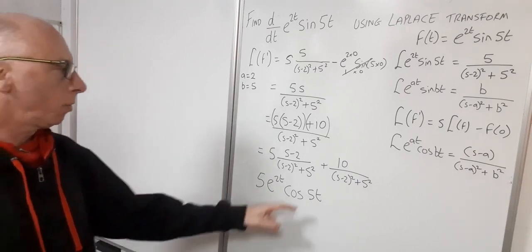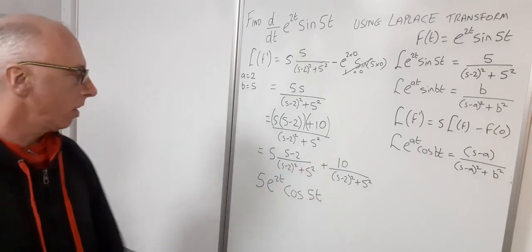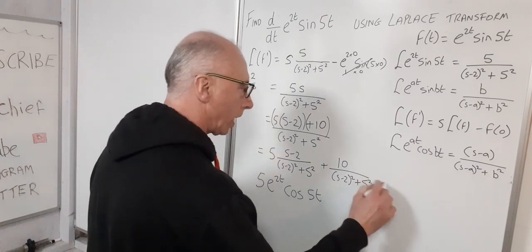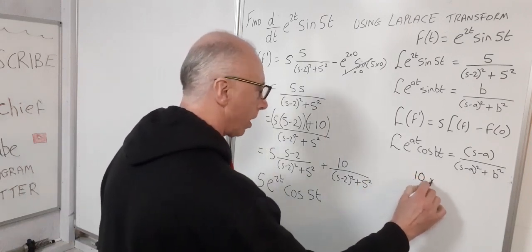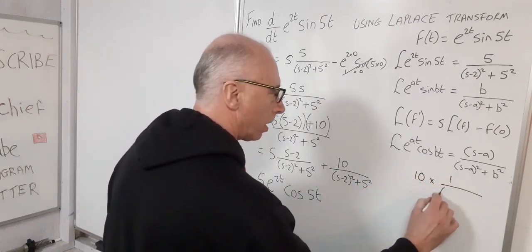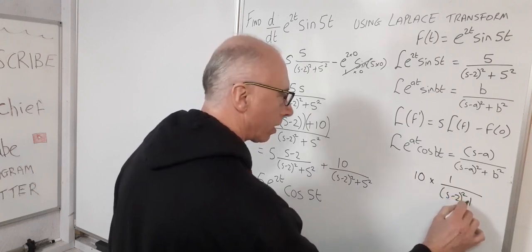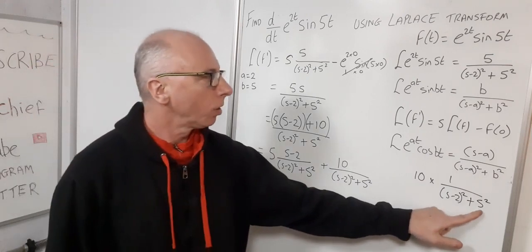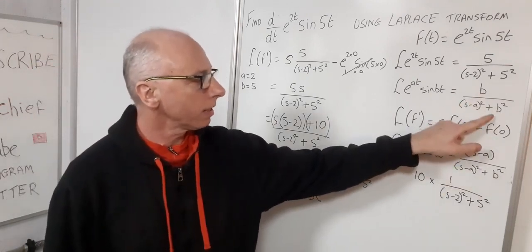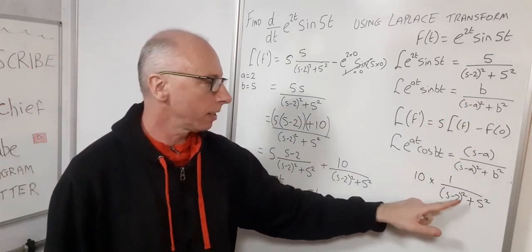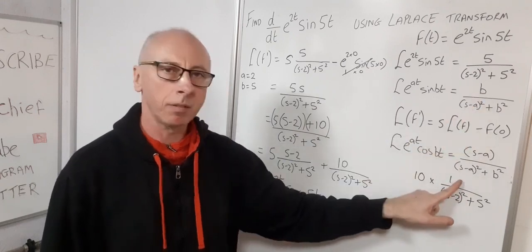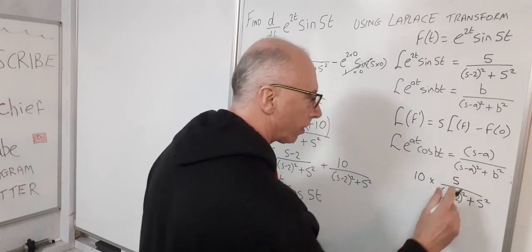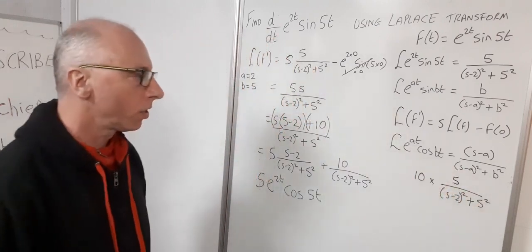Okay, now what about this one? I've got a 10 on. So what I can do is take the 10 out. So if I take this bit here and write that as 10 times 1 over s minus 2 squared plus 5 squared. Now ideally what I want here, because I've got a constant, no s's, I need to have a b in my numerator. So if I change that 1 to a 5, I've now got the b in the numerator.